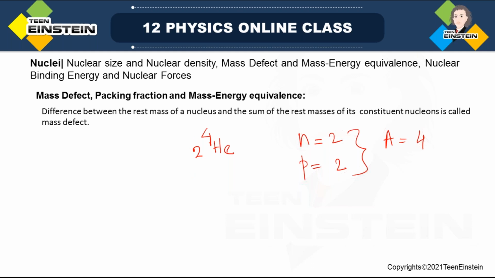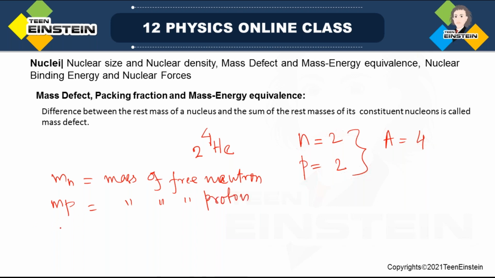Okay, all right. So it is seen that, let me write the masses of the corresponding neutron and proton. The mass of a free neutron is Mn, and Mp is the mass of a free proton.